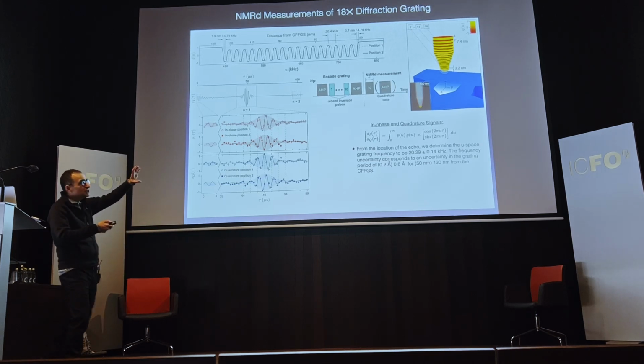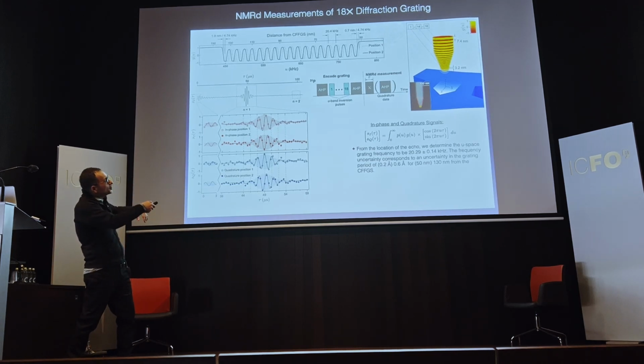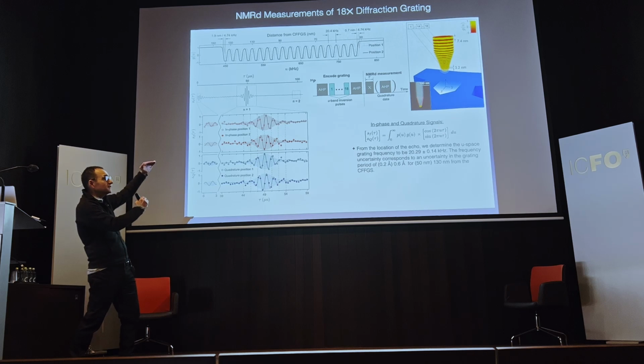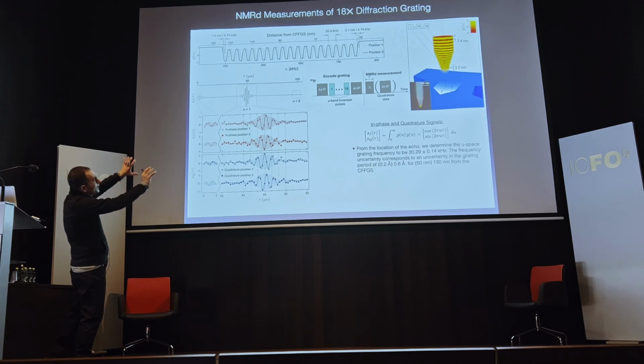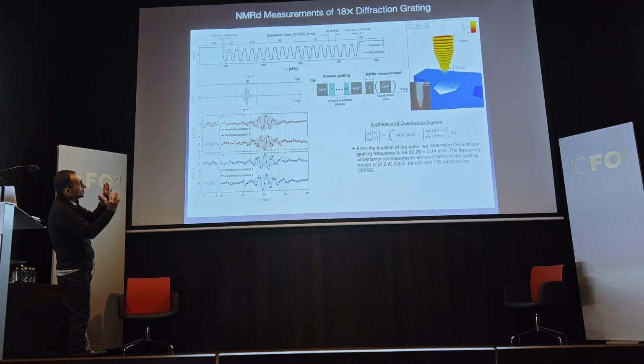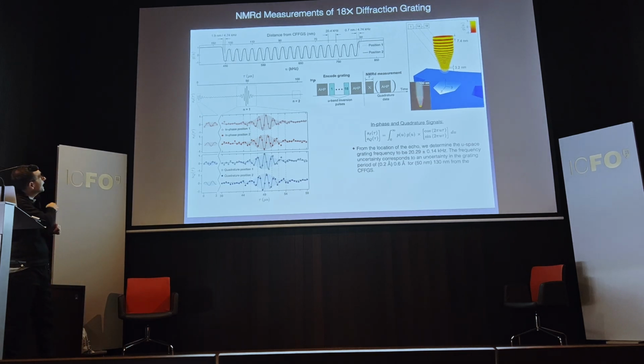You can actually spatially move this chirped pattern. So we shift the frequency by 4.7 kilohertz. So you take that entire spatial modulation and move it in space by, near the tip, 7 angstroms, and in the back you move it by 1.9 angstroms.